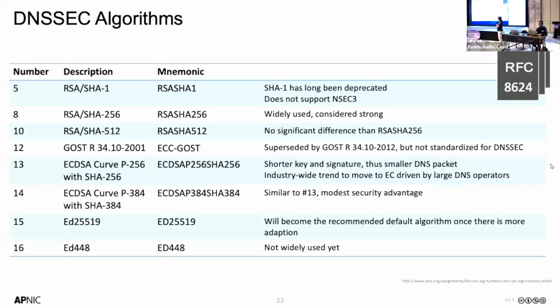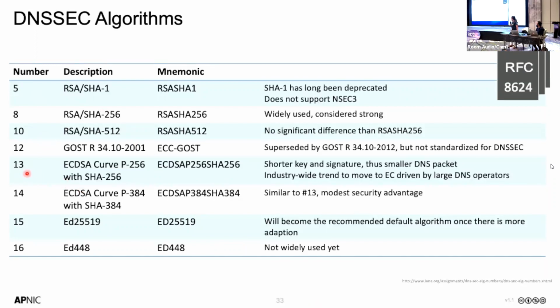We have some descriptions on the right to give you information about that. In some of the examples I've shown you previously, we have used type 13. Where is type 13? It is this one, which is ECDSA.